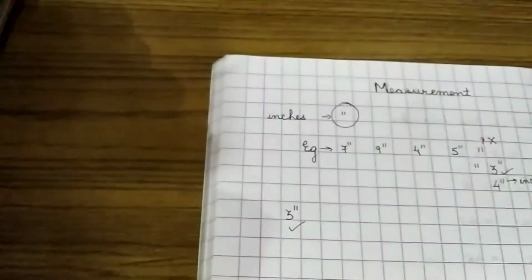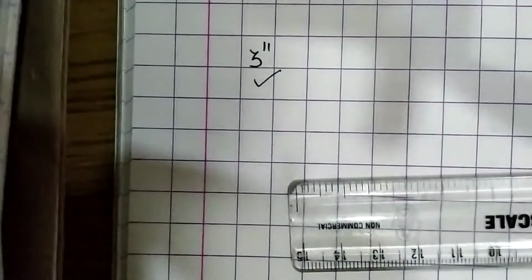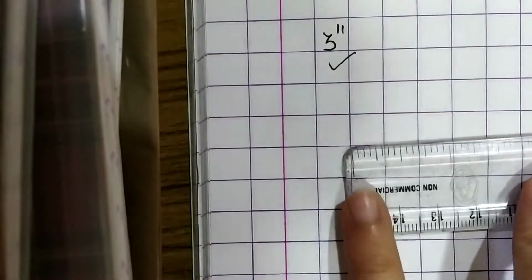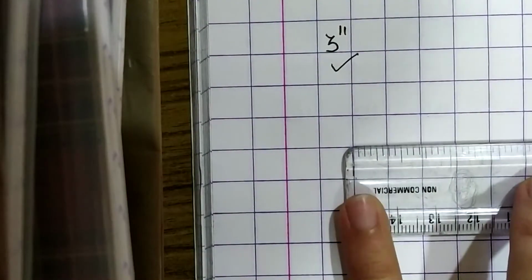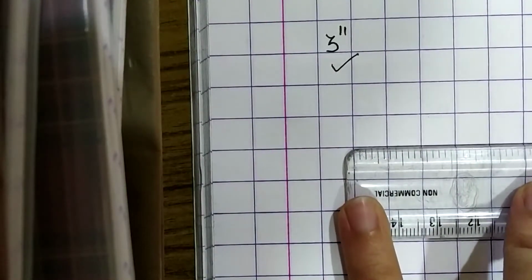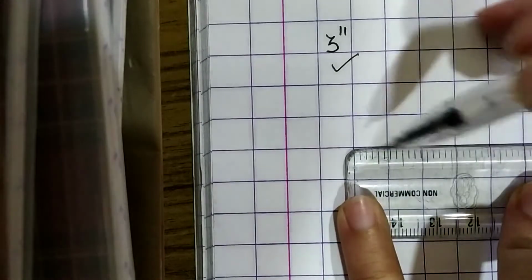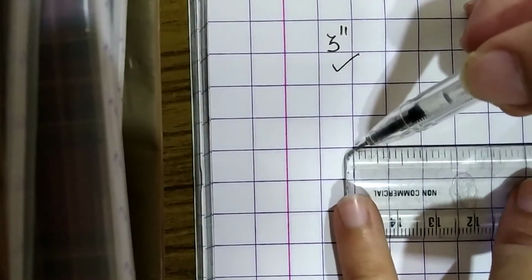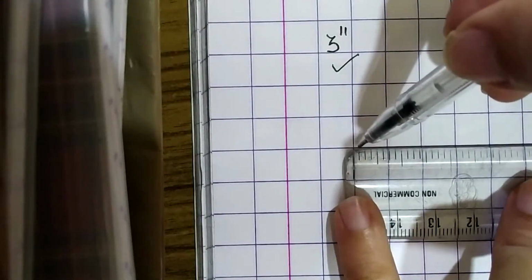So now I am going to place my camera like that so that you are able to see how I draw it. Okay, so now you are going to place your scale like this. Okay, on the line. See, first of all, if I have to draw 1 inch, I will place it over here and start from here.